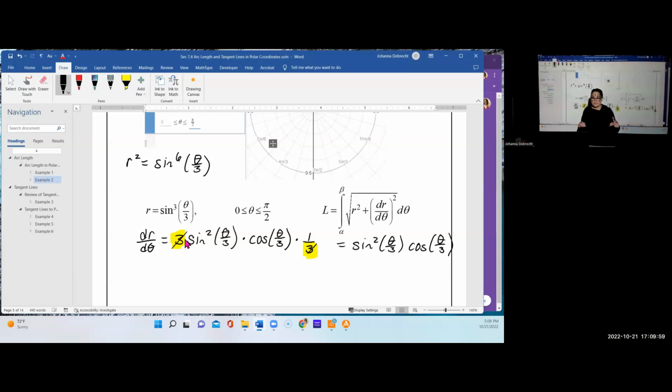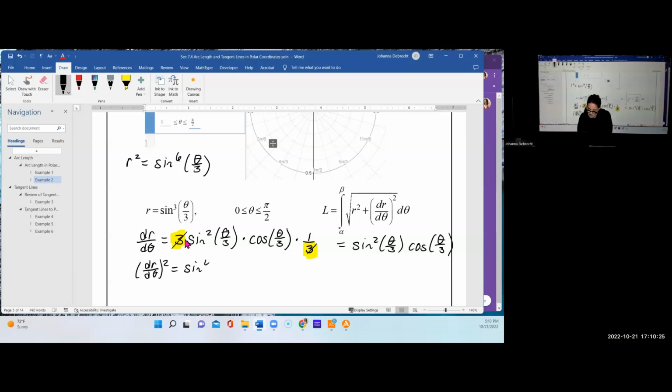Now this is dr d theta, but the formula has dr d theta squared. So now I need to square dr d theta before I put it into the formula. Again, it does help to do some of the algebra ahead of time. These are both multiplied together, so I don't have to worry about FOIL or anything like that. It's not a binomial, it's a monomial. So I square each individual factor.